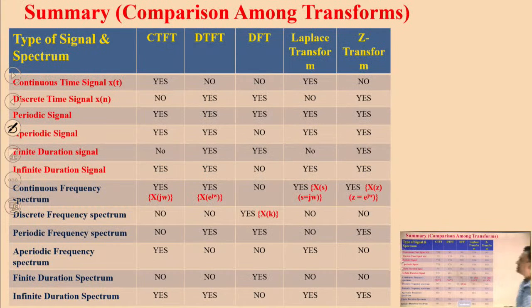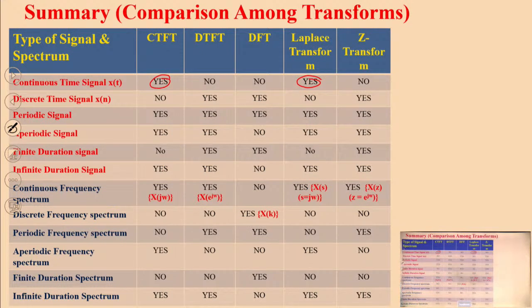Now this is the summary or comparison among the transforms. This is a very important chart that I have made. Here I have written the type of signal and spectrum, and here all five transforms: CTFT, DTFT, DFT, Laplace transform and Z-transform. If the input is a continuous time signal, then only CTFT and Laplace transform are possible.